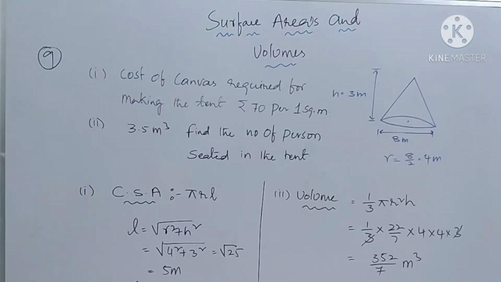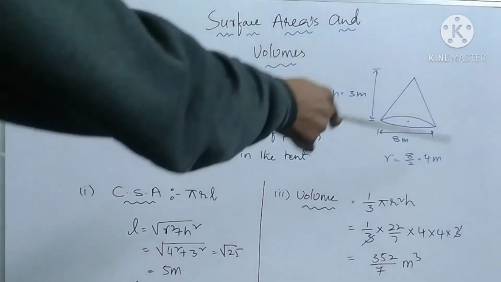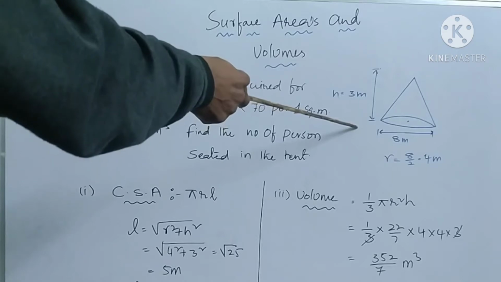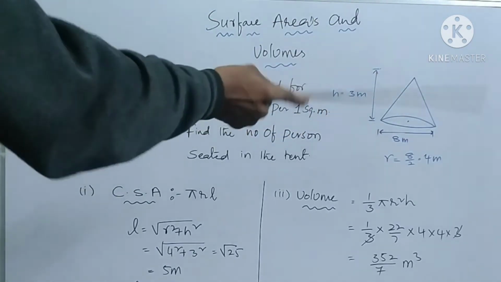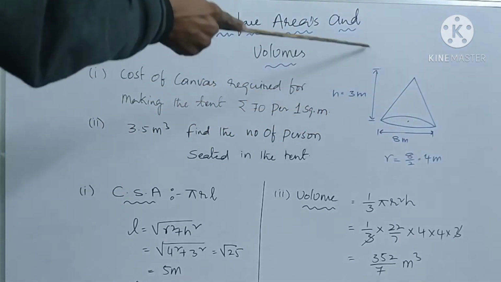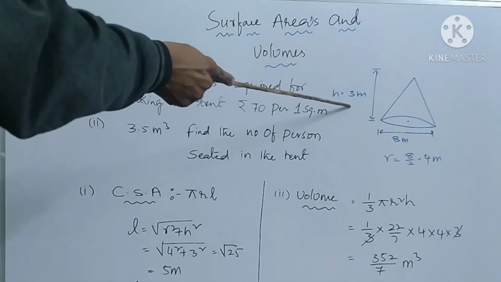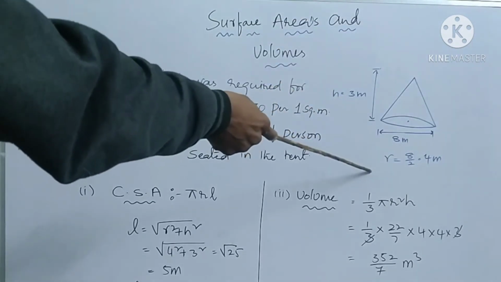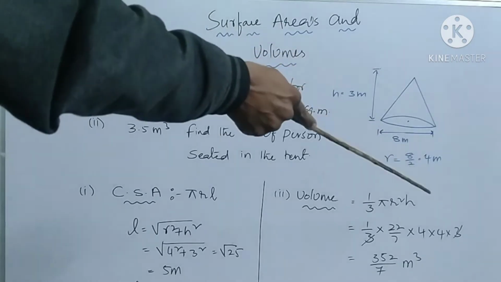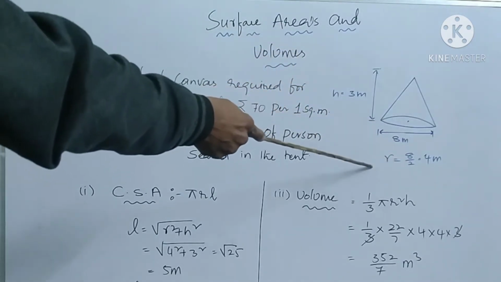This is our example 9. The question is, a conical tent was erected by the army at the base camp, with height 3 meters and base diameter 8 meters. Here the radius is diameter by 2, which is 4 meters.